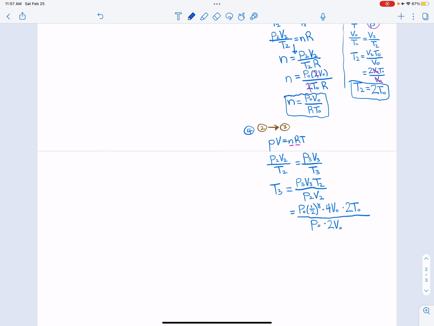Awesome. So now our temperature at state 3 is all in terms of the given P naught, V naught, and T naught, right? Except for gamma. Gamma is Cp over Cv, the molar heat capacity at constant pressure divided by the molar heat capacity at constant volume.